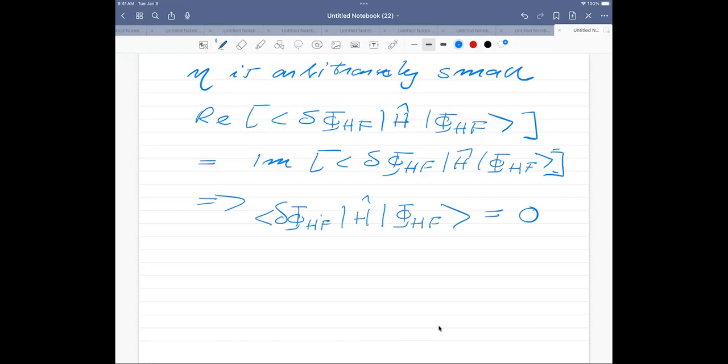So what we're going to do after the break now, because these are the equations which we can set up either in first quantization or in second quantization.